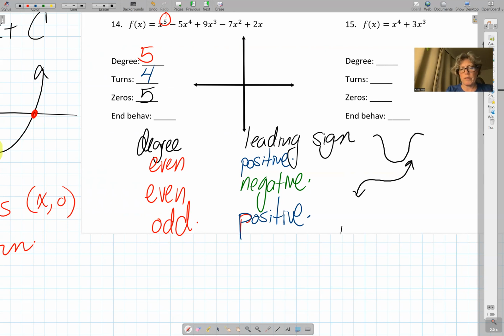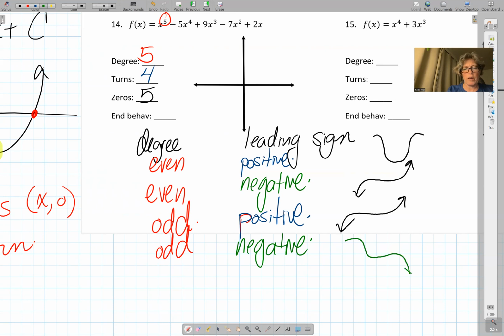Fall to the left, rise to the right as well. And the last one is if it is odd and the leading coefficient is negative, then it rises on the left and falls on the right.